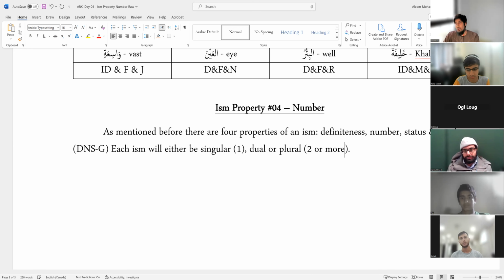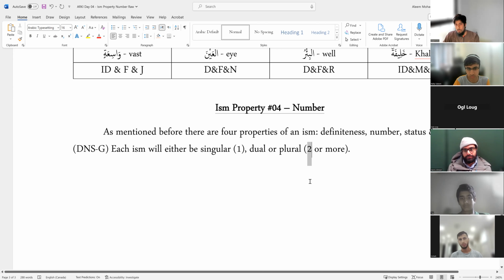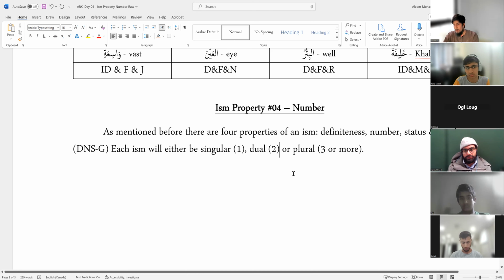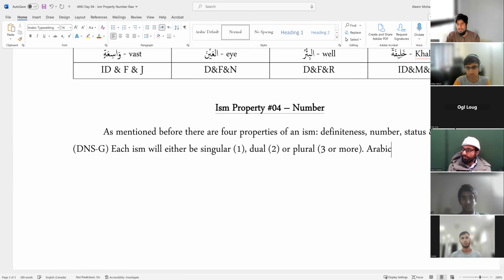However, in Arabic, a jama', a plural, is 3 or more. And there's actually an entire section just for 2. So it's a little bit different from English in that way. Arabic has a unique dual form.